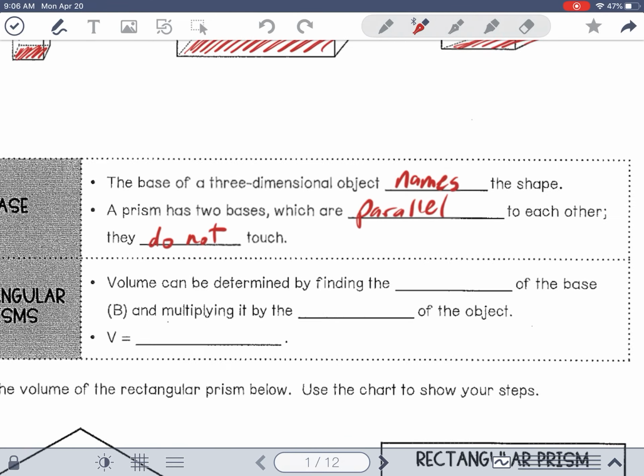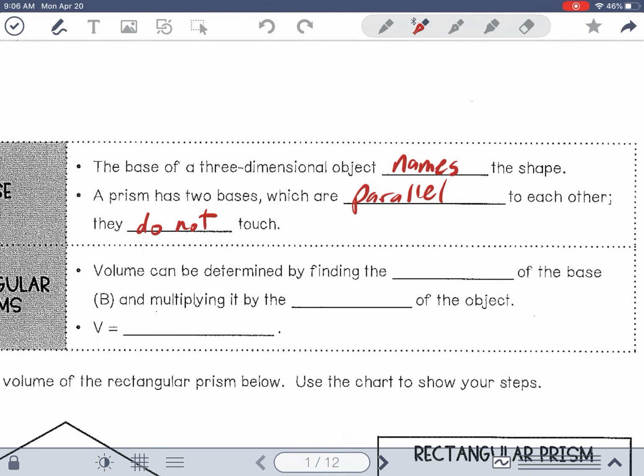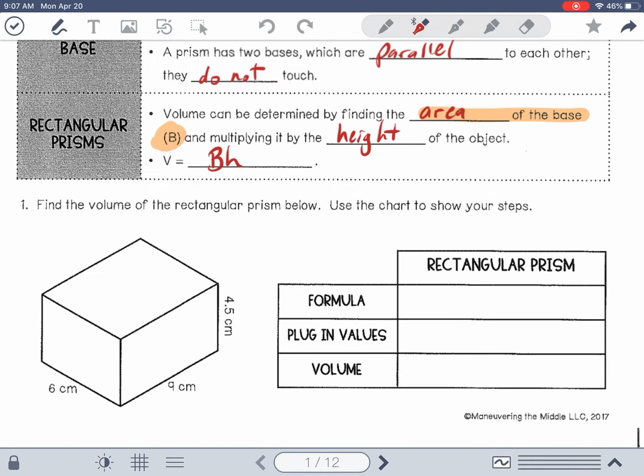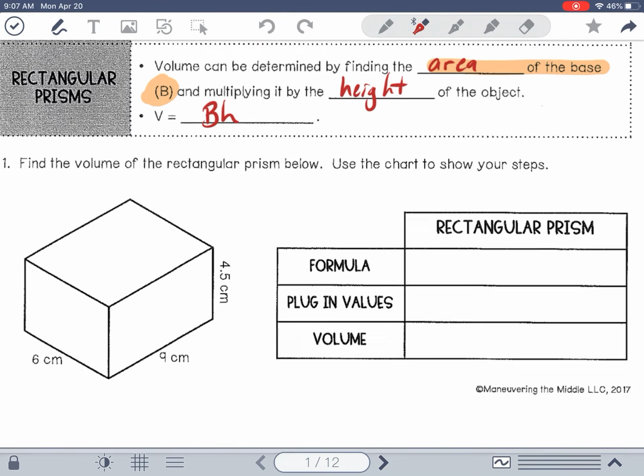The volume of a rectangular prism can be determined by first finding the area of the base, big B, and multiplying that by the height of the object. So our volume is big B times H. We looked at that already. Let's go on down and solve this problem.